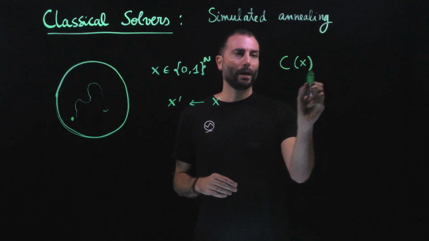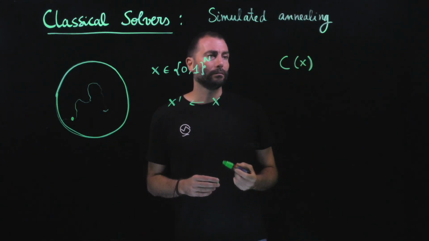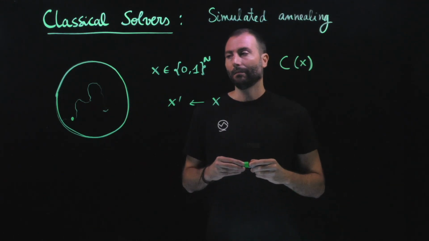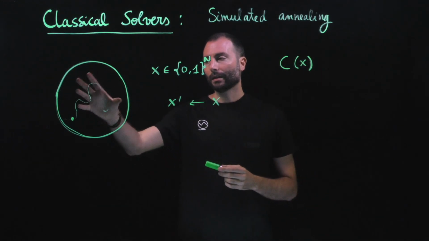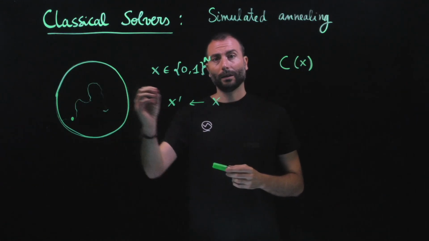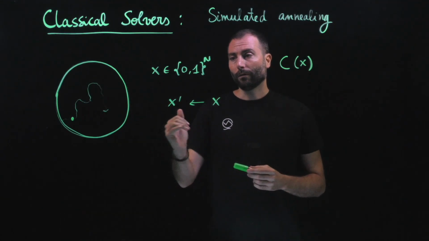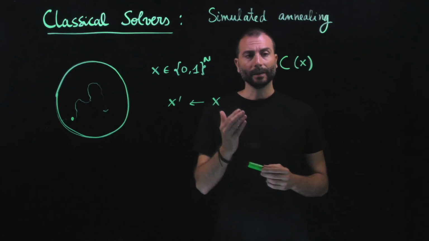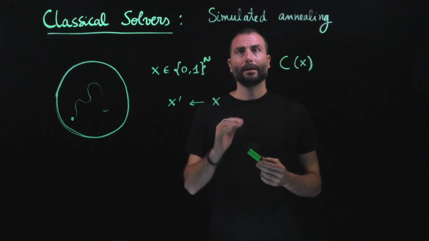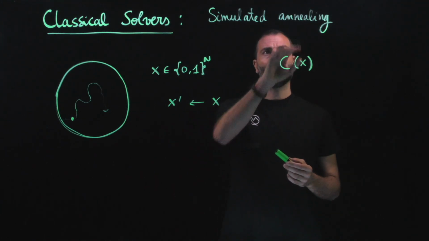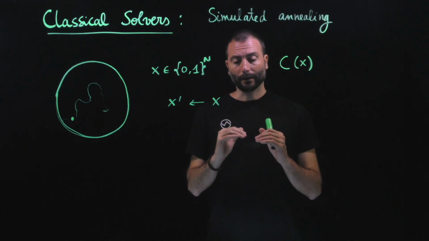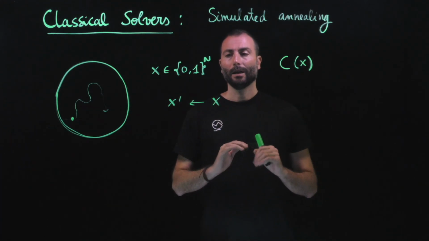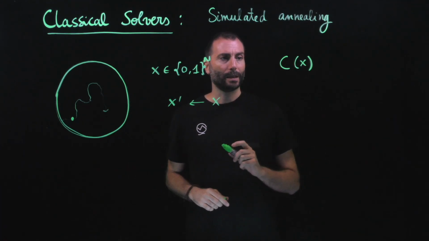Usually people use energy, in the sense that you have some Hamiltonian, for instance, and different configurations for this Hamiltonian, and you would like to find the configuration of minimum energy, so the ground state of your system. And the analogy with annealing comes from the fact that we imagine that we are gradually cooling down our system. But let me be more specific.